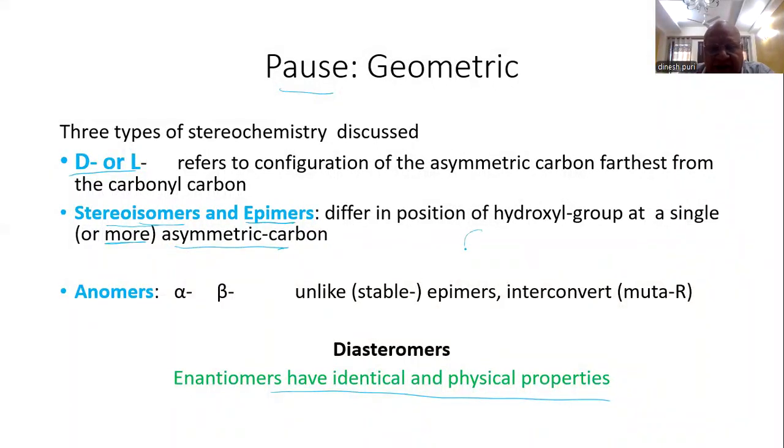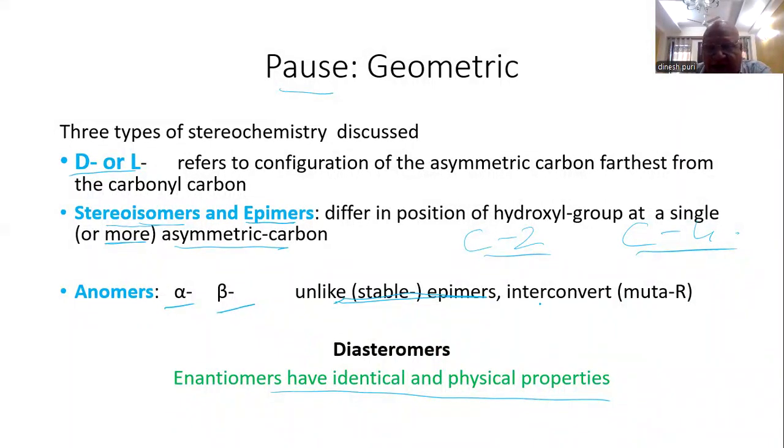If it is at C2, it is mannose. If it is at C4, it is galactose. We have seen anomers, where the restriction is still narrower. At C1 they differ, and that also in the cyclic form. So alpha and beta forms, unlike epimers, which are stable forms, chemically different compounds: glucose, galactose, mannose are different.